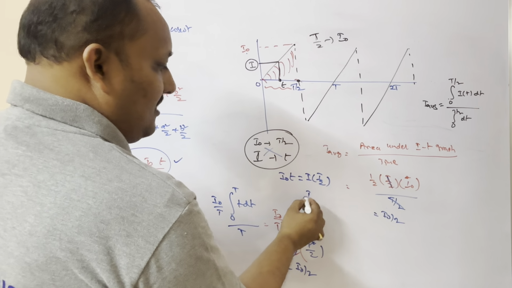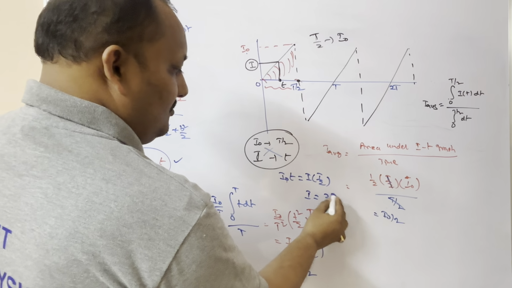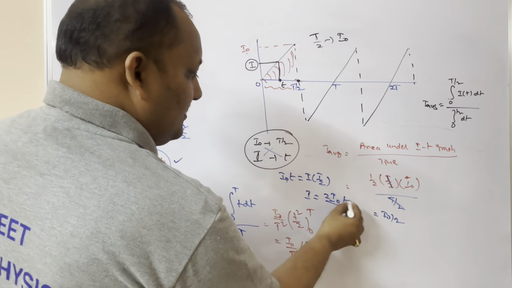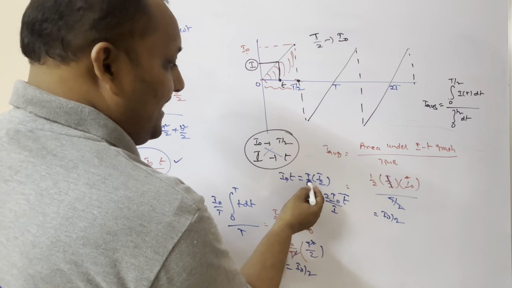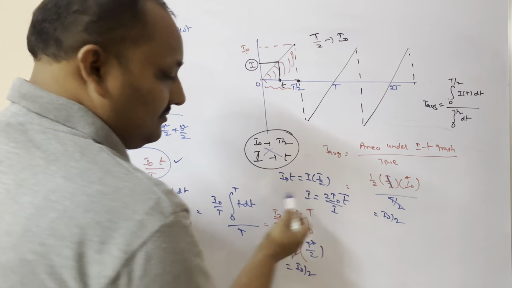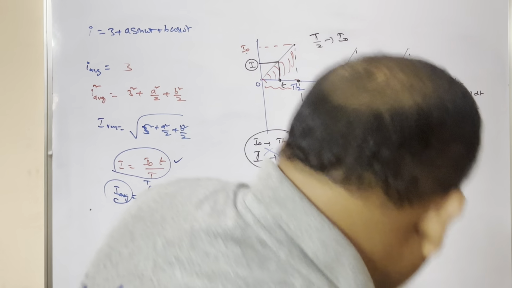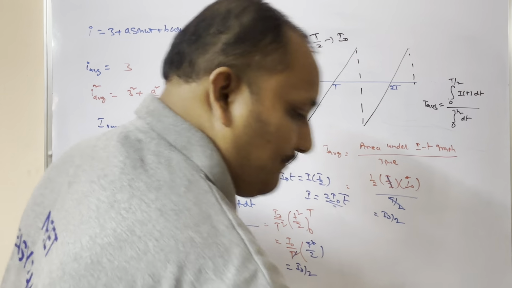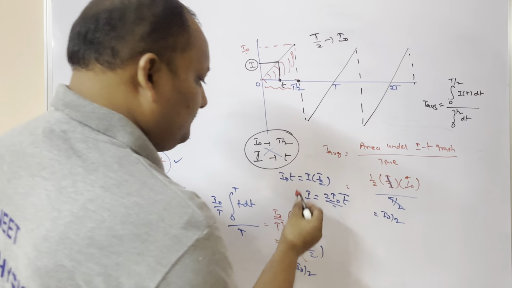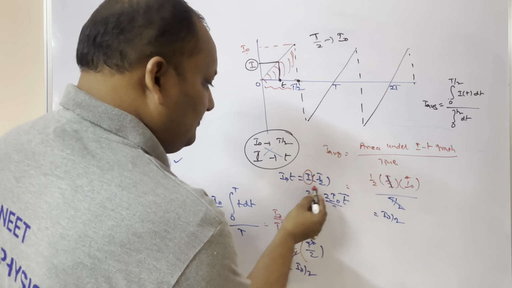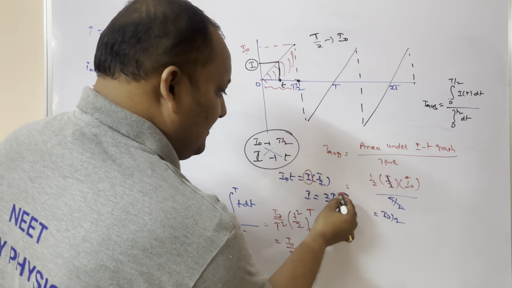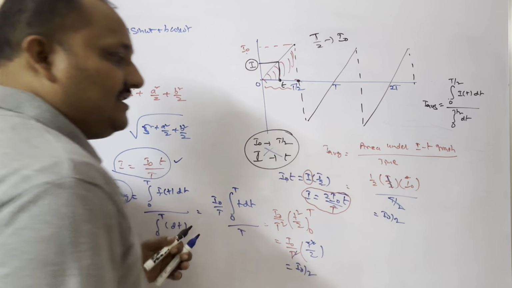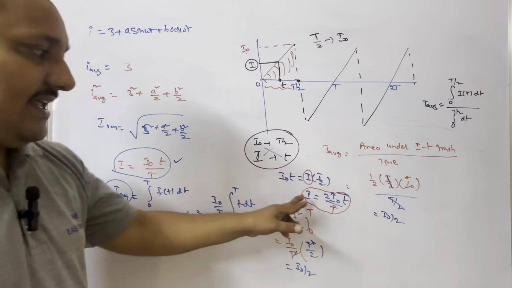Therefore I is equal to 2 I naught t by capital T, since we are calculating with division by capital T. So this is going to be the capital I value.